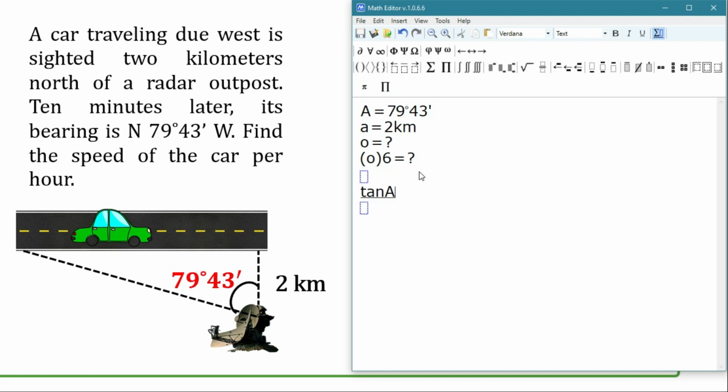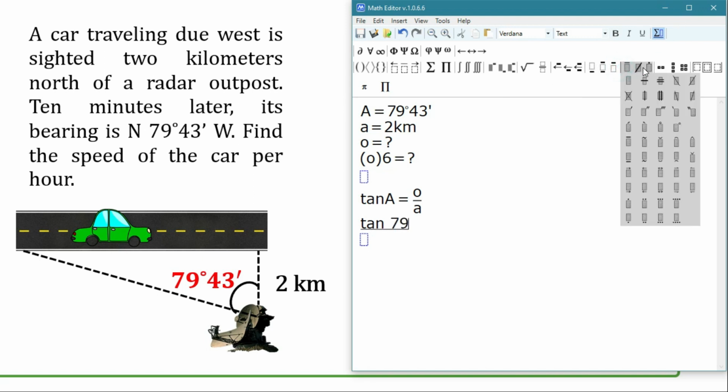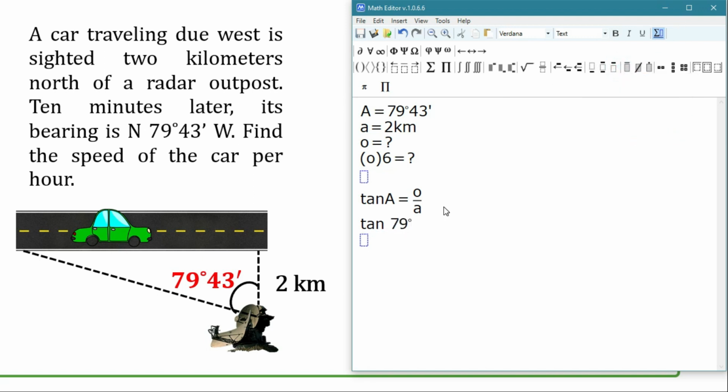It just so happens that these 3 problems need the tangent function to be solved, but not all problems use tangent. So tangent of A equals opposite over adjacent, that is TOA. We are given A, which is 79 degrees and 43 minutes, so the tangent of 79 degrees and 43 minutes equals our unknown opposite side O over the adjacent side, which is 2 kilometers.